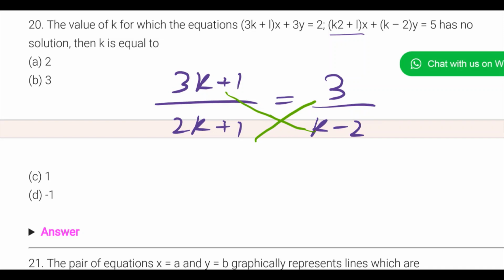I think there's some printing mistake as we're getting a quadratic equation. Let us try to solve this. So 3k plus 1 into k minus 2 equals 3 into 2k plus 1.